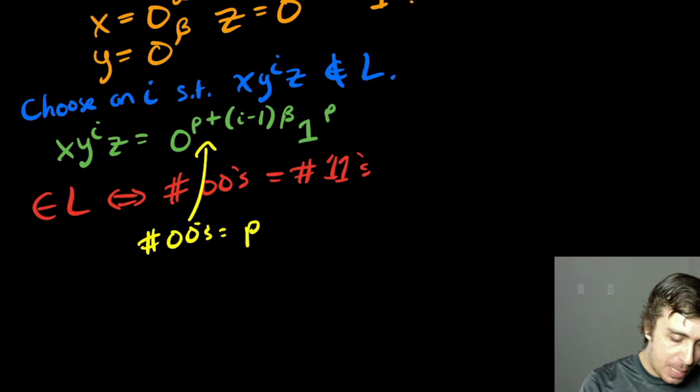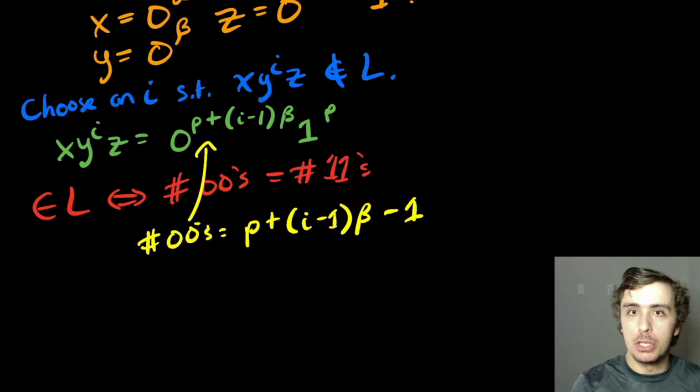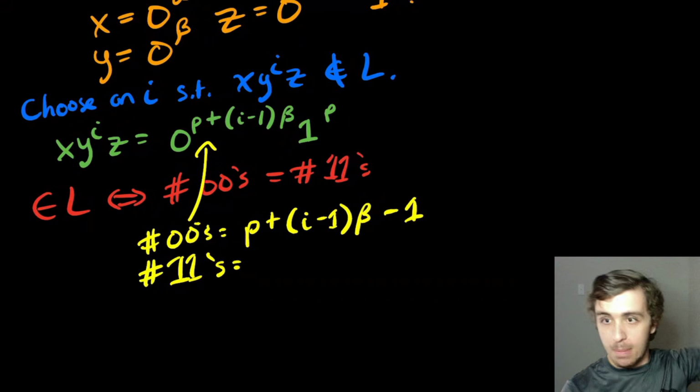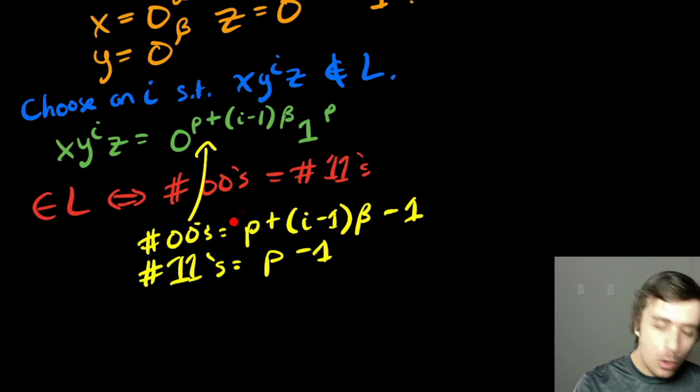So it's going to be p plus (i minus 1) times beta, minus 1. That's the number of 0,0 occurrences. And then the number of 1,1 occurrences is going to be 1 less than the other range's length, which is going to be p minus 1. So this thing is in L if and only if these two numbers are the same.